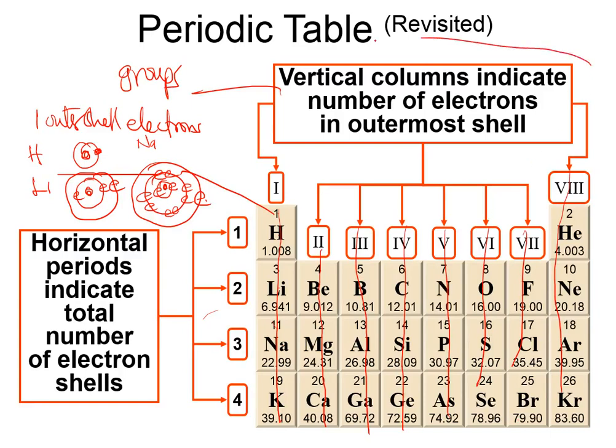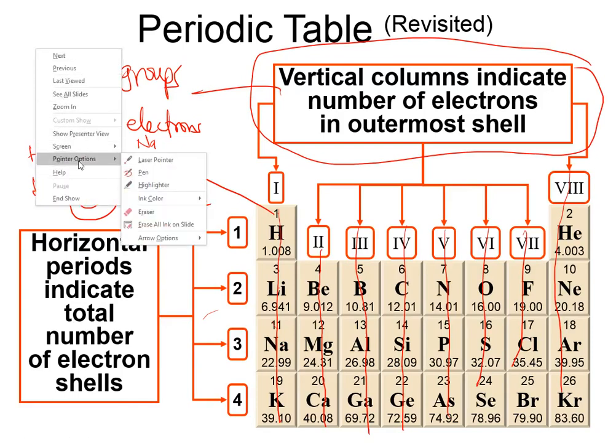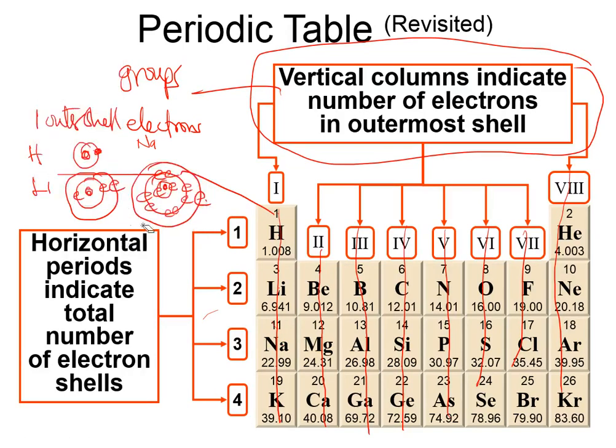The vertical columns, or the group numbers, tell you the number of outer shell electrons. I hope you have already written this part. If not, stop the video and write this part.